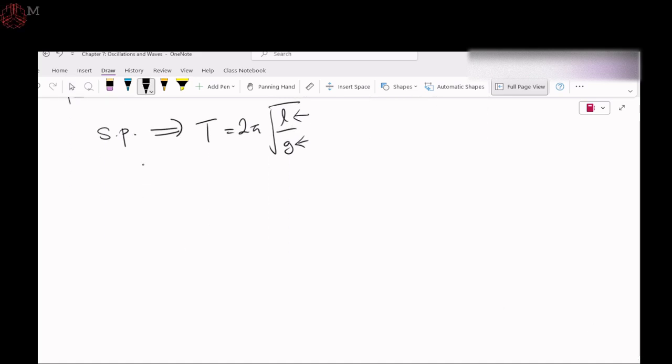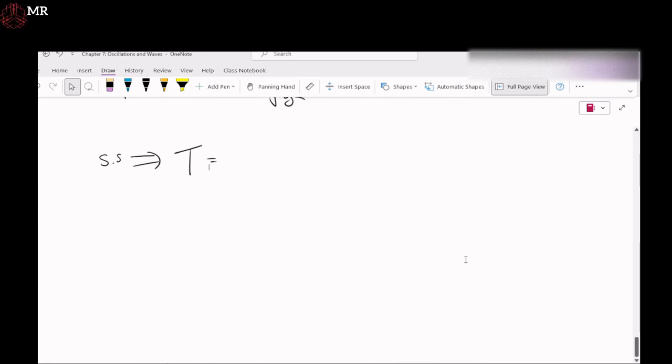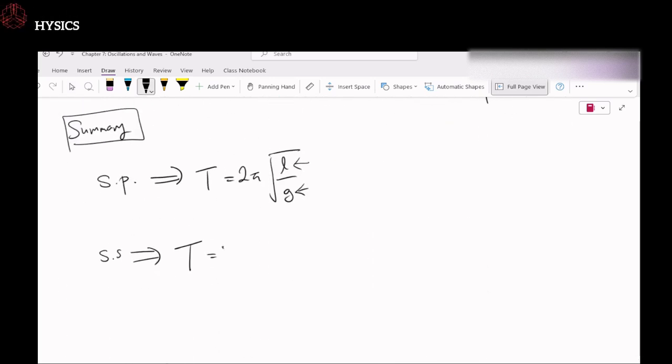It doesn't depend on anything else. For the spring system, my period depends on the mass of the object and the spring constant of the spring. Okay, so that is all for the first part, which is simple harmonic motion.